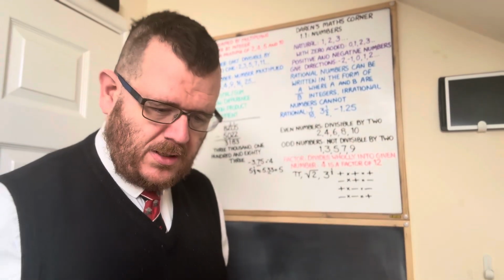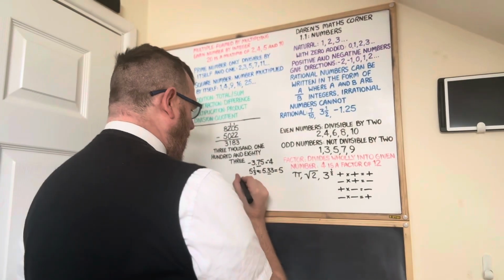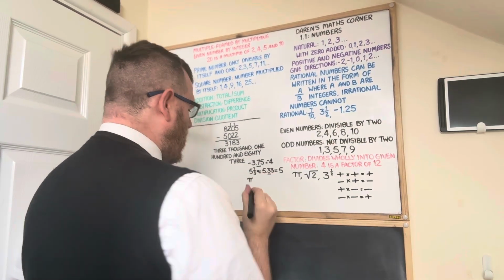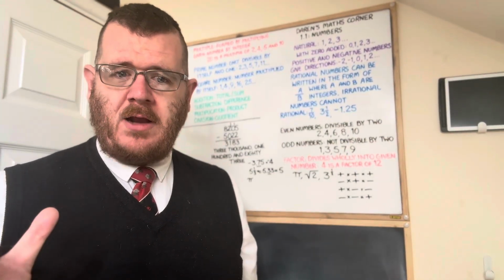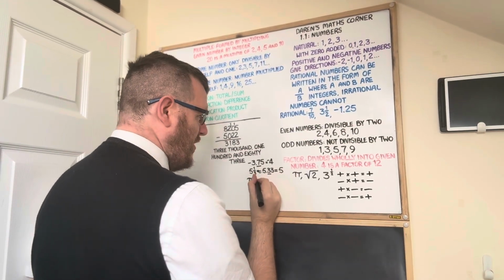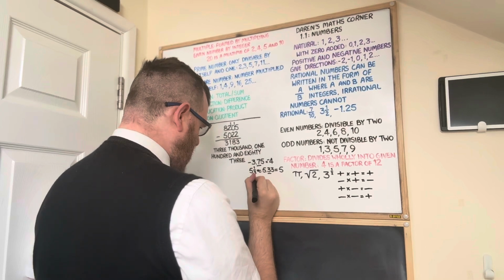Don't think I'm going to do that one yet, because I could well be wrong. Pi. Now, pi, as we know, is about 22/7.